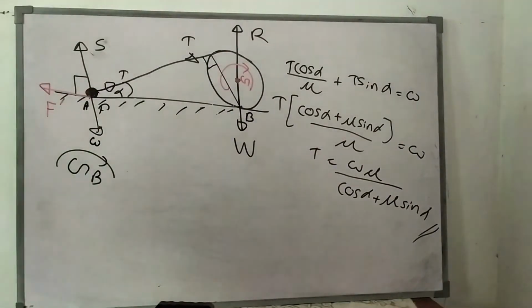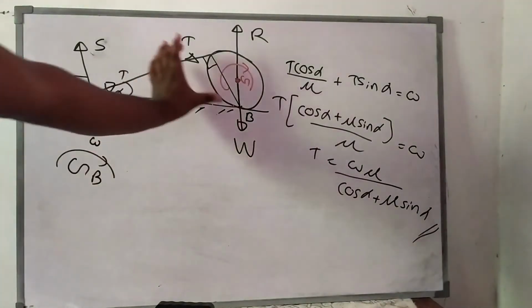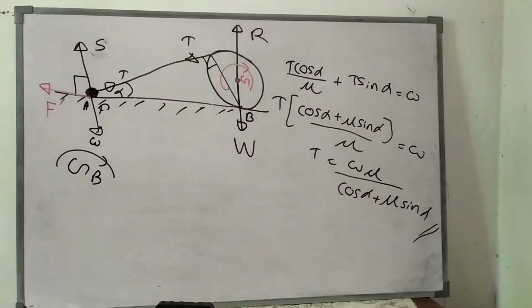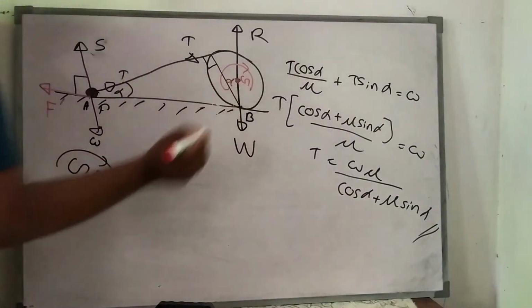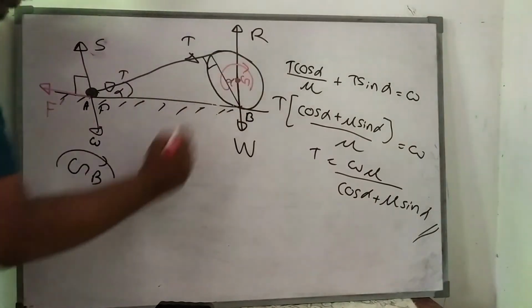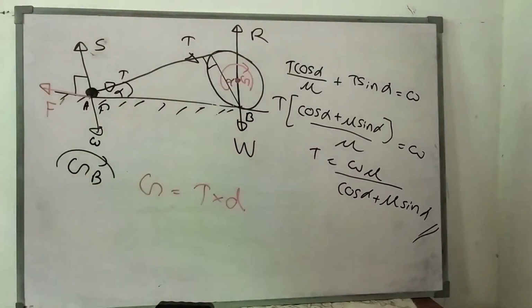We just need to find the perpendicular of T. So how to find that perpendicular distance? So G equals T into D, so the perpendicular distance is D.